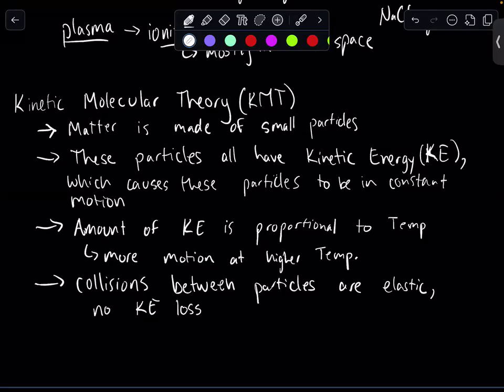We have no energy loss. So kinetic molecular theory kind of assumes a perfect world for energy transfer. So what we're going to be doing is that we're going to be using KMT to describe our states of matter.